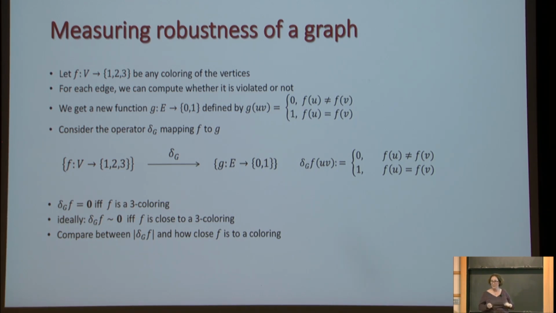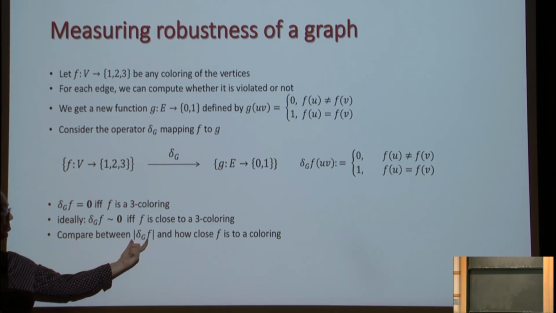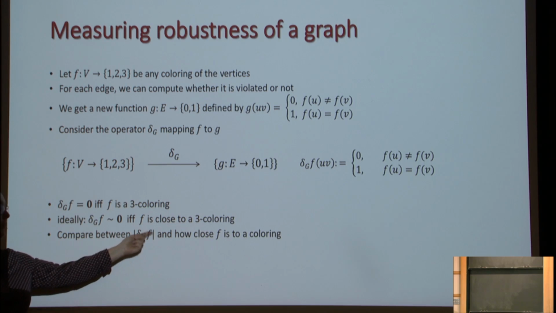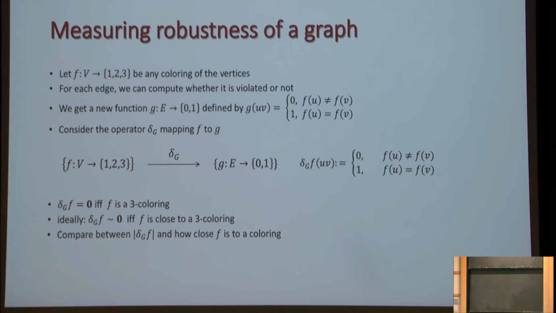How many edges are 0, or how many edges are 1, and normalize by the number of edges. So it's just a fraction of edges that are unhappy. Okay, so the two norms that we have here, one is the norm here that measures how many edges are being violated, and we always normalize. So this is a number between 0 and 1. And the other measure is how close f is to a coloring.